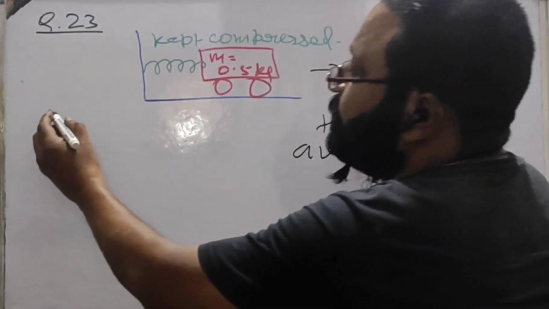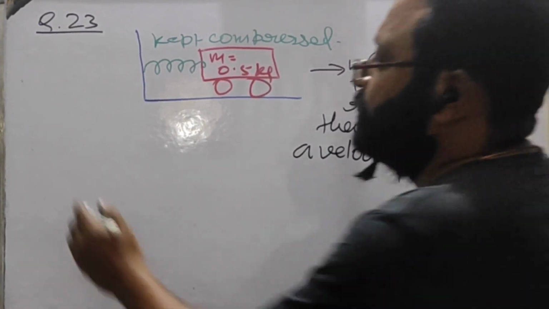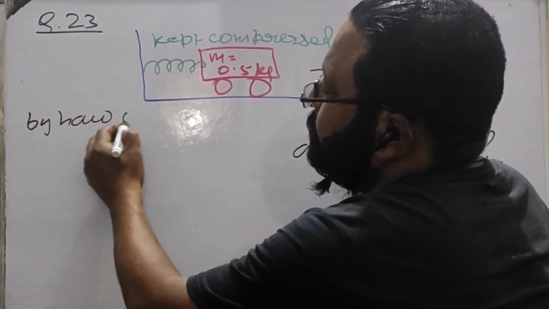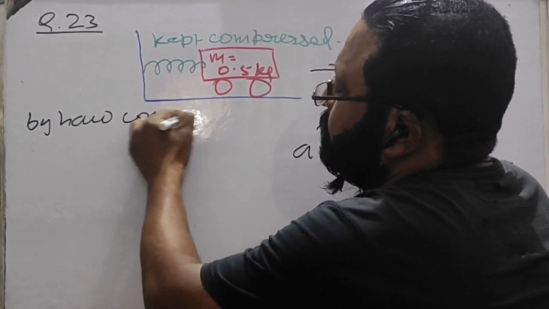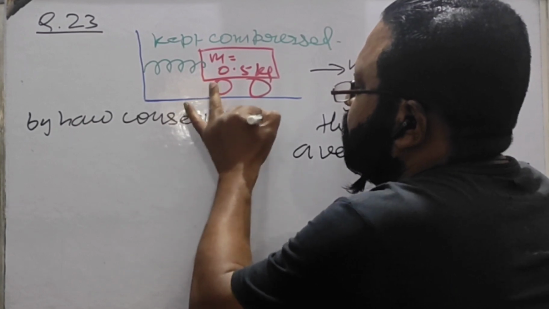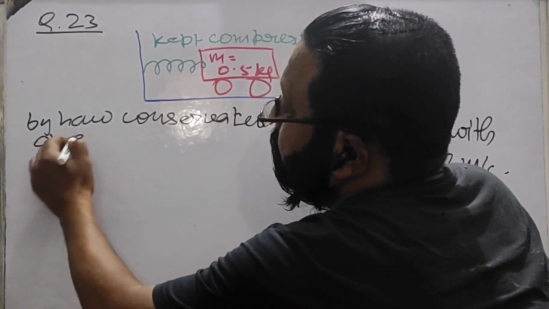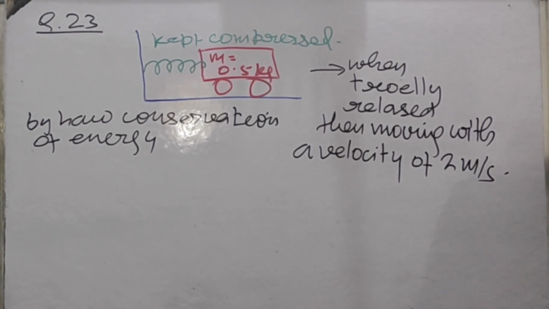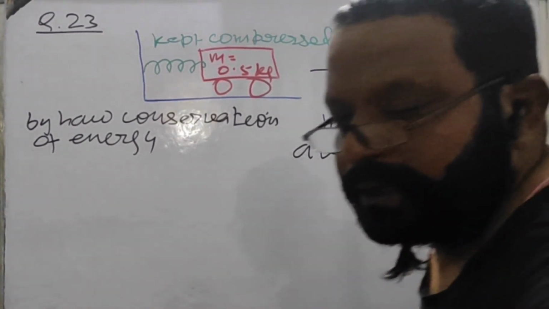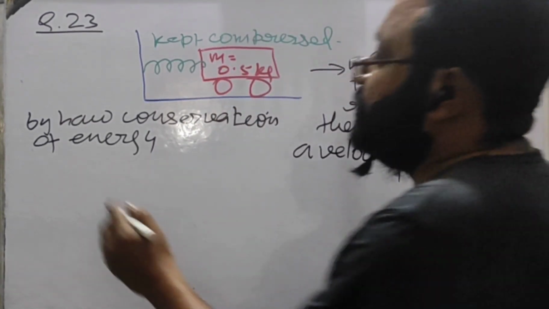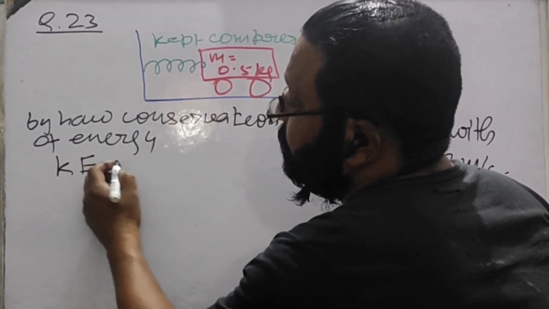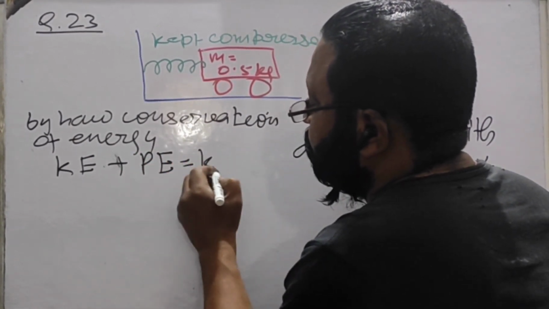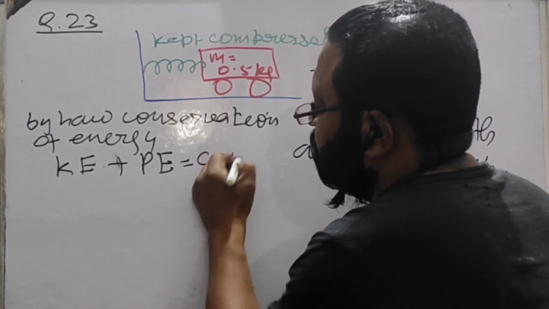So by the law of conservation of energy, kinetic energy plus potential energy is equal to constant, right?